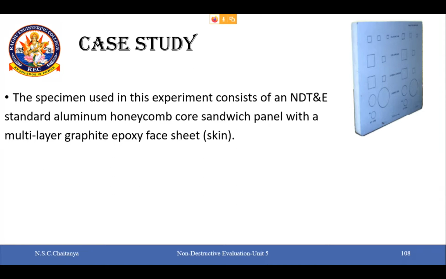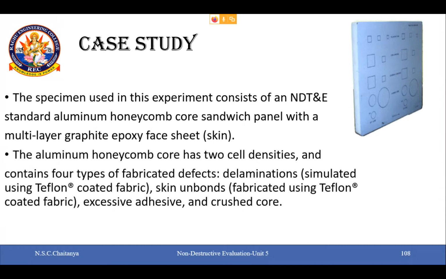It consists of an NDT&E standard aluminum honeycomb core sandwich panel with a multi-layer graphite epoxy face sheet. The aluminum honeycomb core has 2 cell densities and contains 4 types of fabricated defects.